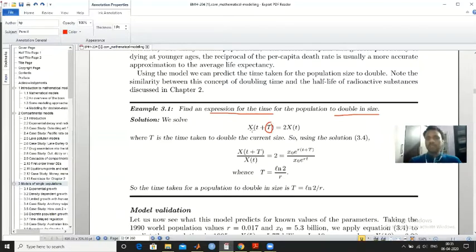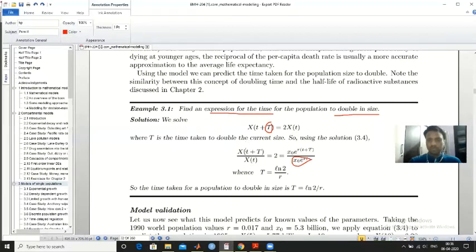And what was the expression for x(t)? We have already solved the differential equation. If it follows that model, then x(t) will be x naught e to the power rt, this one, right?